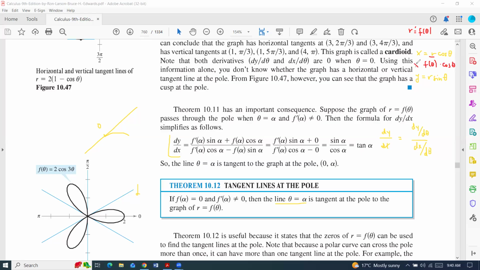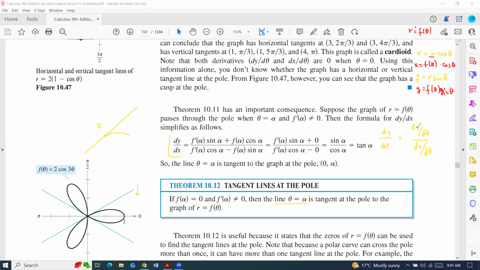That's my x. And my y is also going to be replacing r with some function of theta, multiplied by the sine of theta. So those are my polar coordinates in parametric form.